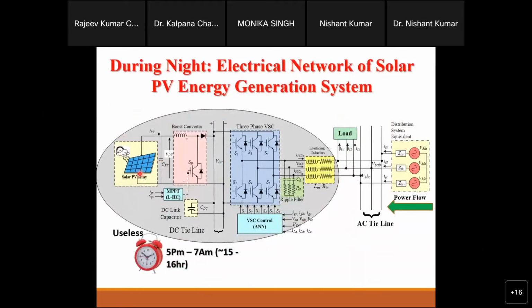This panel, these capacitors, these DC converters, the DC link capacitor, the voltage source converters, all those control algorithms, the filter, and the interfacing inductor, all of these will not work in the night. This is extremely costly equipment.